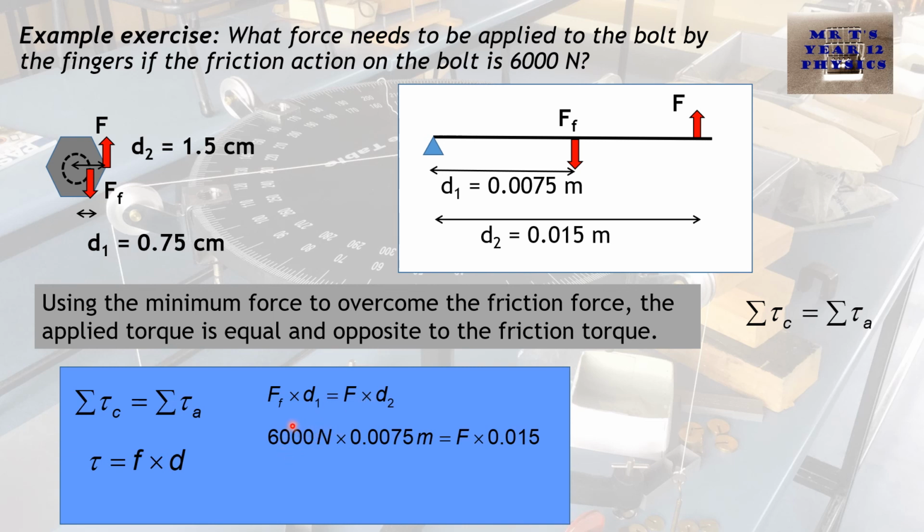The force of friction is 6,000 newtons, and we know the distance that the friction force is applied from the fulcrum. We don't know the applied force, but we know its distance. Once we put those three things in, we can rearrange. We take the 0.015 meters and move it to the bottom of the other side of the equation, and we carry out the calculation. We get 3,000 newtons.